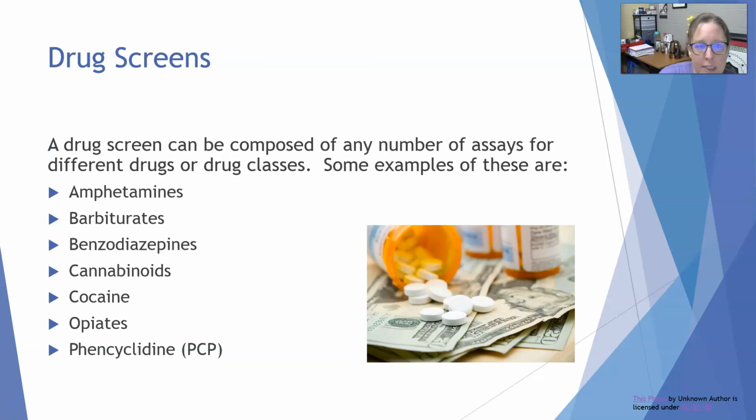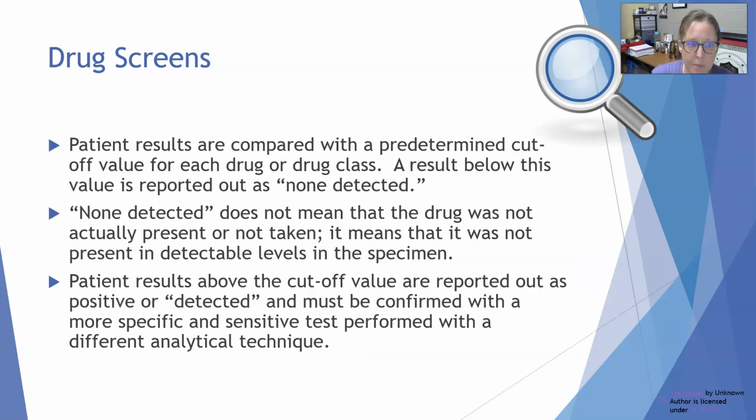So a drug screen can be composed of any number of assays for different drugs and drug classes. Some examples of the typical drugs included in these drug screens are amphetamines, and then sometimes specifically methamphetamines, barbiturates, benzodiazepines, cannabinoids, cocaine, opiates, and PCP. Those are pretty typical of your initial drug screens.